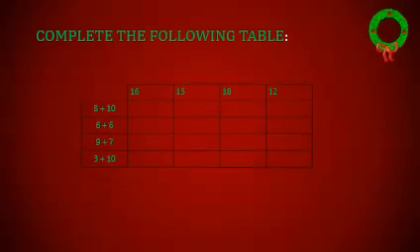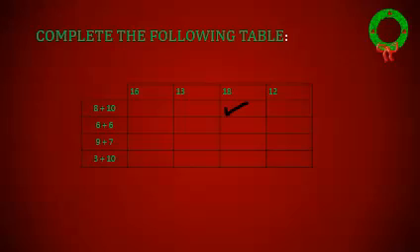In this slide, we have to complete the following table. 8 plus 10. In order to add 8 plus 10, as I said before, we have to put 10 in our head and 8 on our fingers. And we have the answer, we have to put a sign under it. So 8 plus 10 is equal to, so we have to put a check under number 18. 6 plus 6. 6 plus 6 is the double of 6.